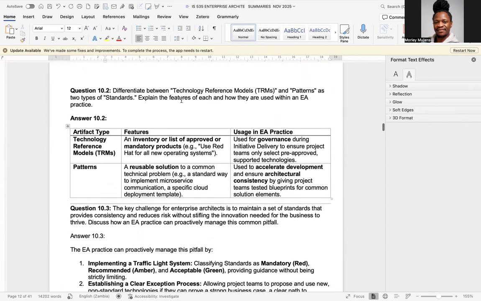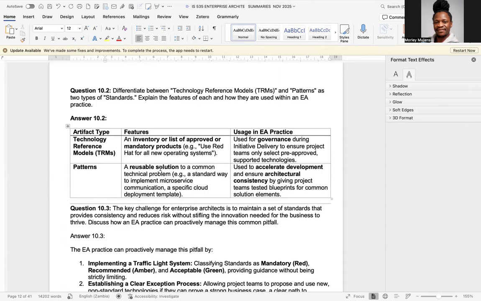I think: differentiate between technology reference models and patterns as two types of standards. Explain the features of each and how they are used within an EA practice. Technology reference models are a list of approved or mandatory products, e.g. use of Red Hat for all new operating systems. Used for governance during initiative delivery to ensure project teams only select pre-approved supported technologies.